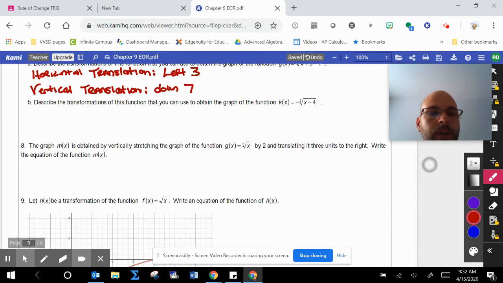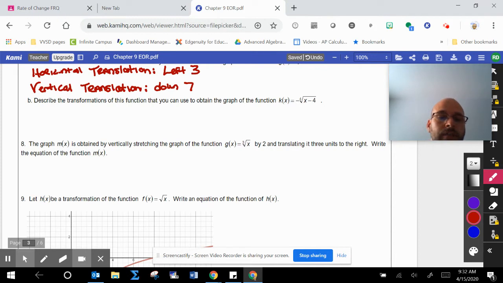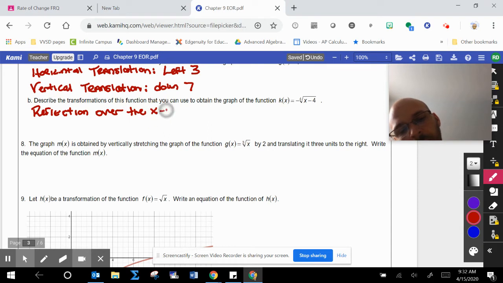So let's take a look at B. Describe the transformations in this function that you can use to obtain the graph. And I have a couple more things here. So now if you notice, there's a negative out front. And if there's a negative in front of the radical, that's going to be what we call a reflection over the x-axis, okay?